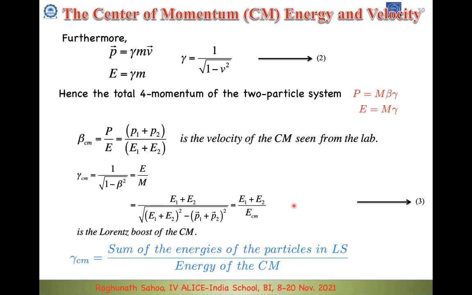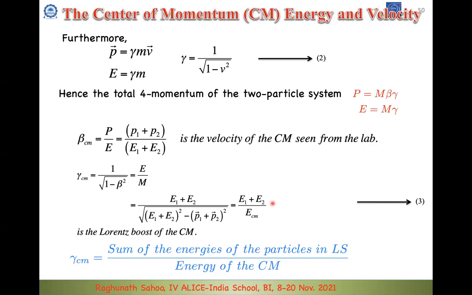So this gamma center of mass is nothing but the sum of the energies of the particles in the laboratory system, which is E1 plus E2, divided by the energy of the center of mass. In principle, by definition, gamma is your E by M, and the energy of the center of mass is equivalent to the invariant mass of the center of mass.